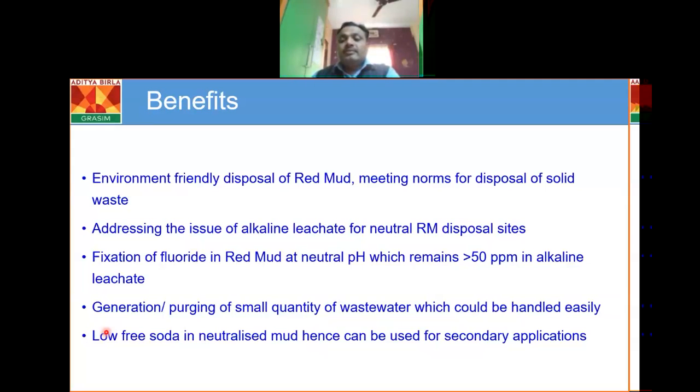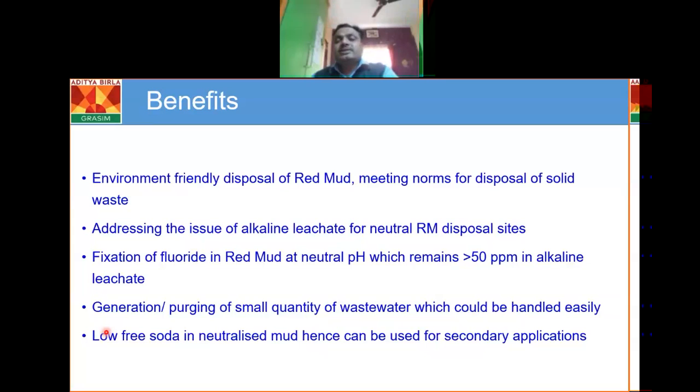Neutralized red mud between pH 6.5 to 7 is a very good adsorbent for fluoride, and concentration can be reduced to less than 1 starting from 50 ppm fluoride in the stream. During our process, we were able to purge a small quantity.